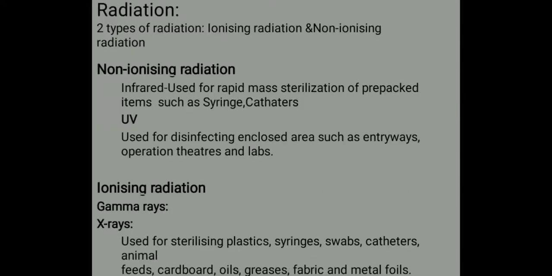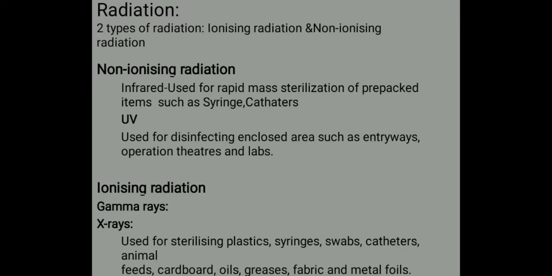Next we have radiation. Two types of radiation: ionizing radiation and non-ionizing radiation. Talking about the non-ionizing radiation, infrared is used for rapid mass sterilization of pre-packed items such as syringes and catheters.